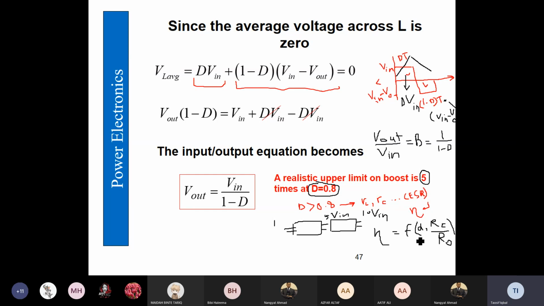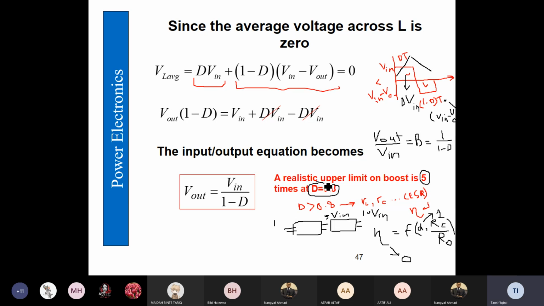So the efficiency now depends on the duty cycle. If duty cycle approaches unity, efficiency approaches 0. So there is a limit for the duty cycle.